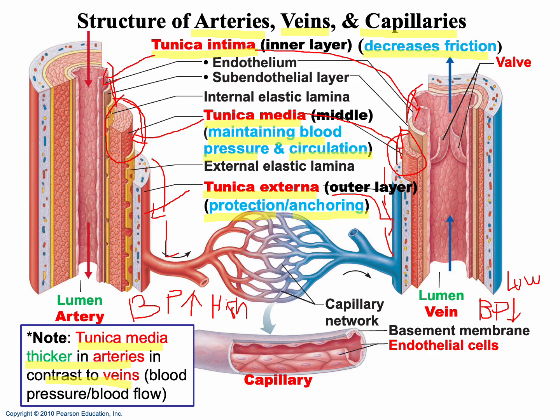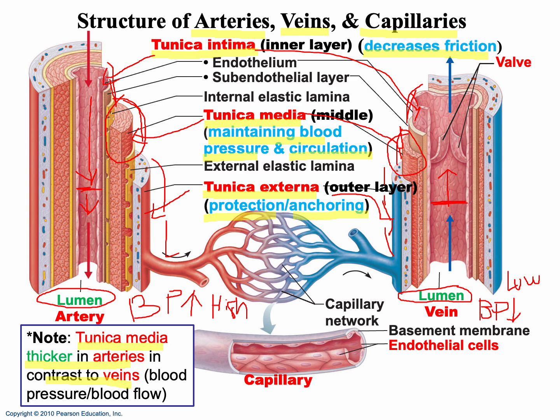Another term to be familiar with for the artery and the vein is what's known as the lumen. This is referring to the area that the blood is actually flowing through in the blood vessel. So this opening area here is ultimately the lumen, and blood is flowing through that lumen.